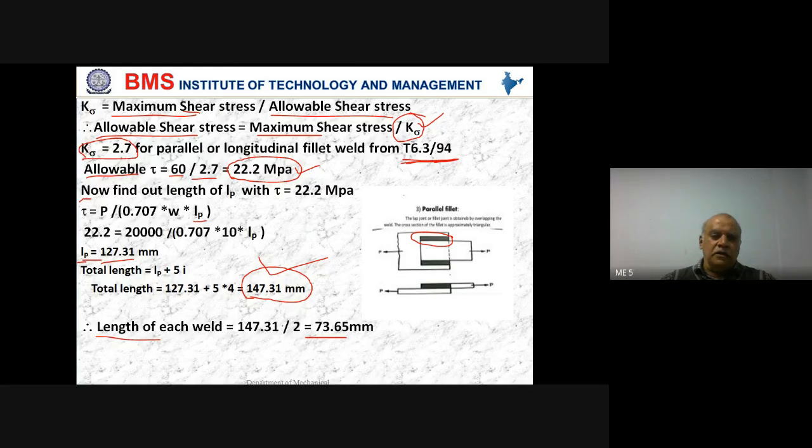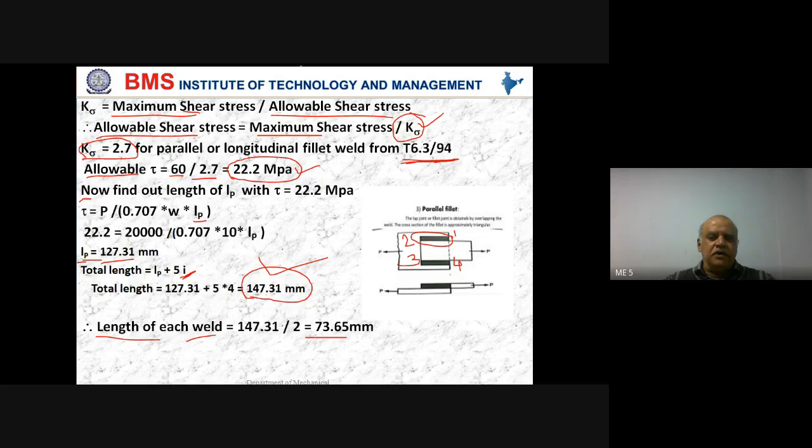I is total number of free ends. So for a parallel fillet weld, we'll have 4 free ends over here: 1, 2, then this is 3, and this is 4. 4 free ends are there.